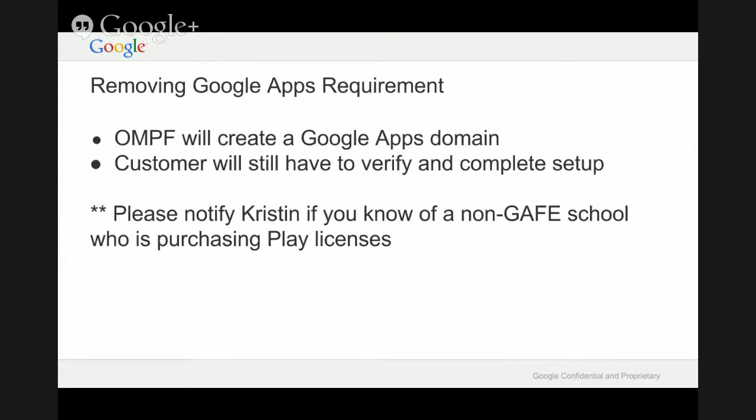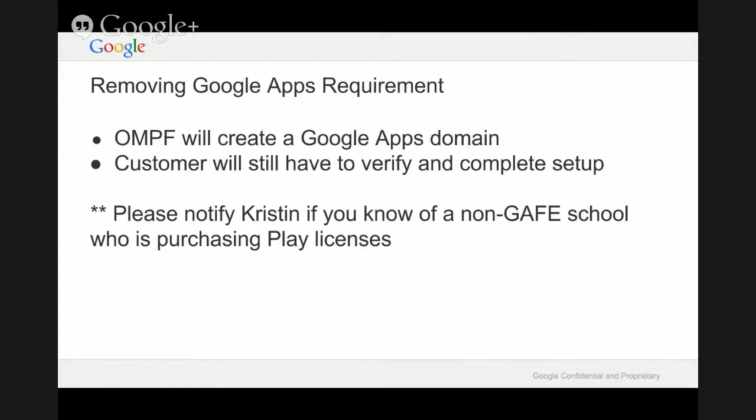As partners, another important piece is that schools no longer need to be on Google Apps for Education in order to purchase tablet management licenses. It was previously a requirement that they had to have a set up Google Apps for Education domain in order to get those licenses. Now a school can go ahead and purchase those licenses, provide Google with that domain, and we'll set them up with an account.